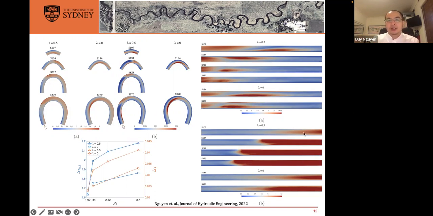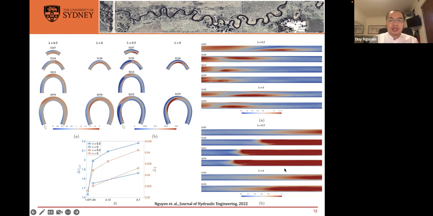This can easily be explained by the deflection of the high velocity fluid. When it hits the wall, it increases the shear stress in the outer wall, and when it deflects from the inner bank wall, it decreases the shear stress in the inner bank wall.